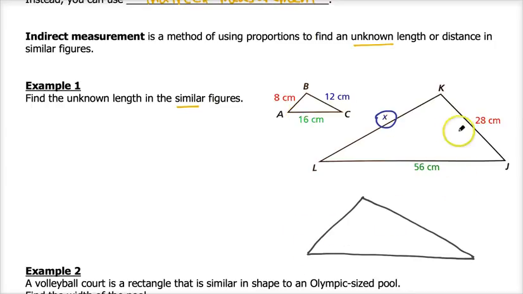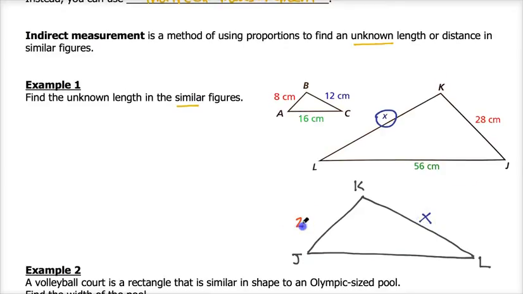Okay, so I've rotated this now, or flipped it, so that point J is here, point L is here, K is still on top, and now X is this side, 28 is this side, 56 is still the bottom.